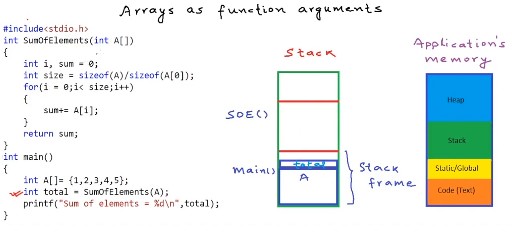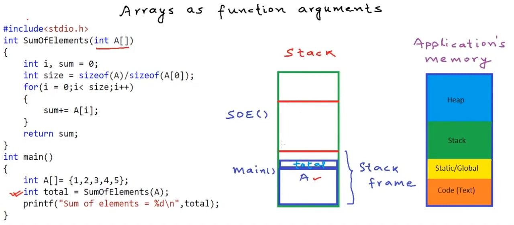Okay, now this parameter is a local variable to the function sum of elements. It is not this A in the main method. What happens when we make a function call is that the value from the variable in the calling function is copied to the variable in the called function.